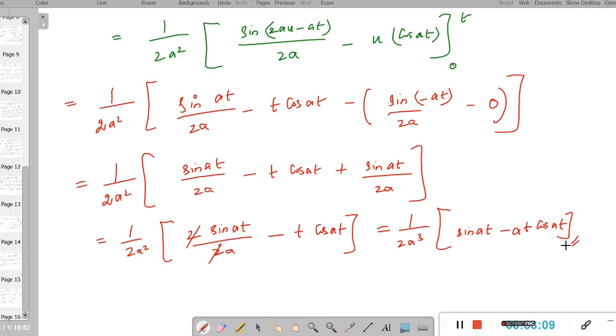Sometimes, instead of a and b, they will give some particular number. So in that problem, we have to do the same general problem. After doing this general problem, instead of a and b, you have to give the particular value.